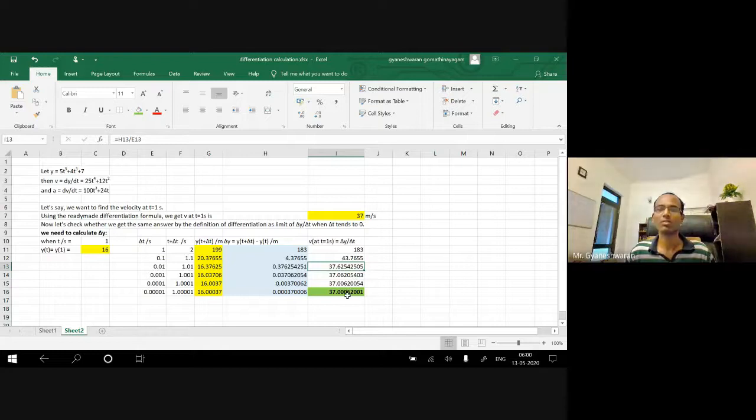The accuracy will increase proportionately to how small my delta t becomes. So the theoretical value is the actual true value, which is 37. It's the analytical solution. And what we obtain here is called the numerical solution. By approximating delta t to 0, we obtain a result as close to the analytical or theoretical solution as possible. Hope now you understand what differentiation is.